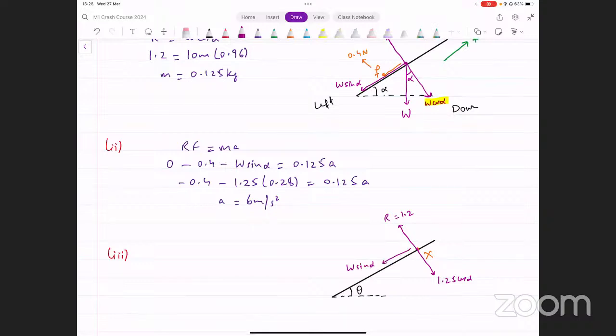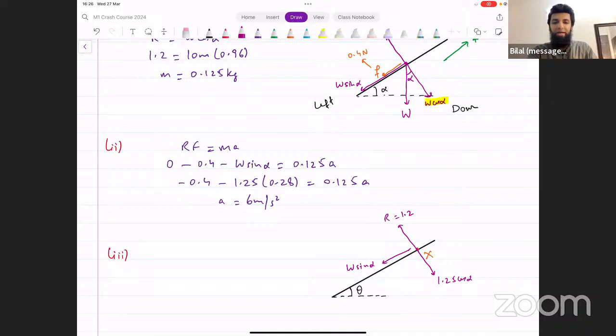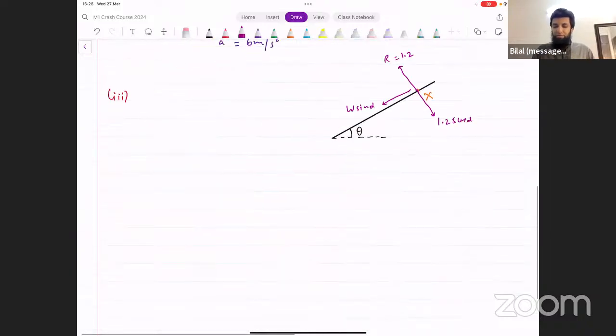Now, when the particle comes to rest at that particular point, in which direction is it going to start trying to move? There's a component of weight acting down the plane. That component is going to try to make the object slide downwards. Friction is going to oppose that.